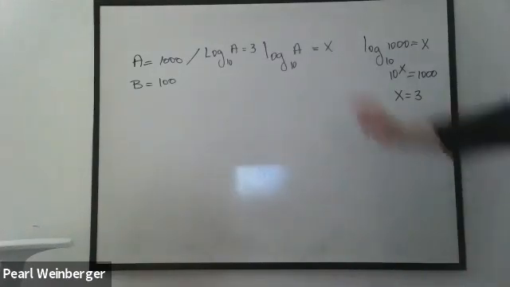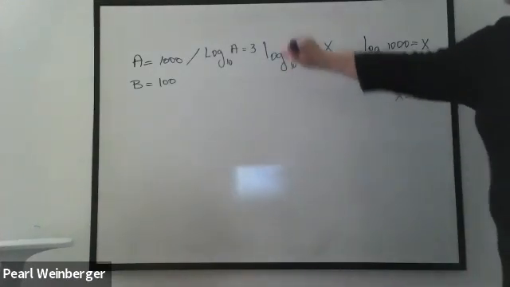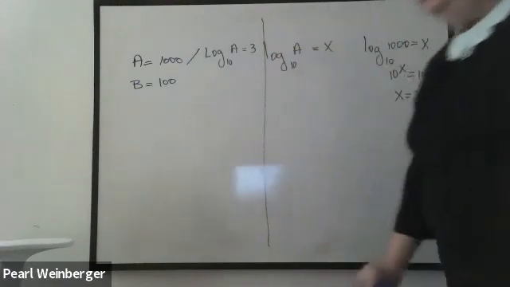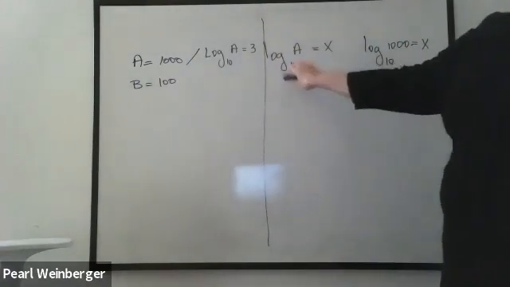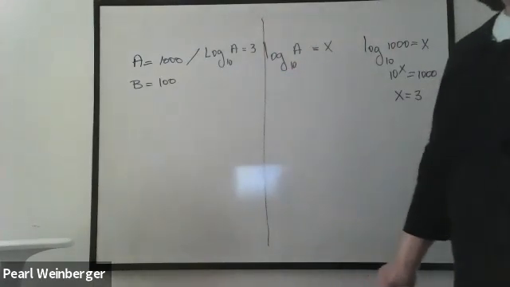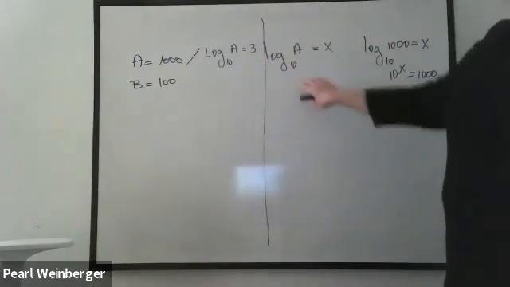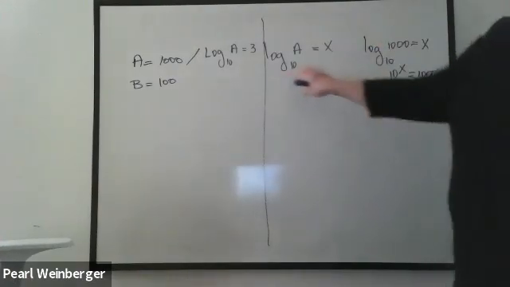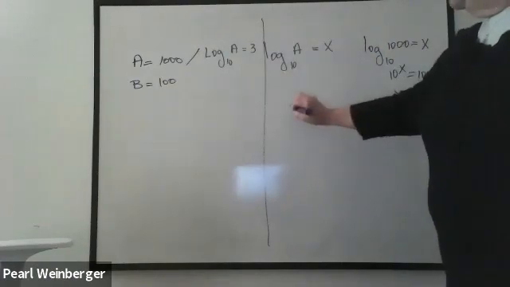Let's make a comment about log base 10. Actually, I must put down what the base is that I'm using when I'm doing logs. There's one exception, and that's when you write just plain log.